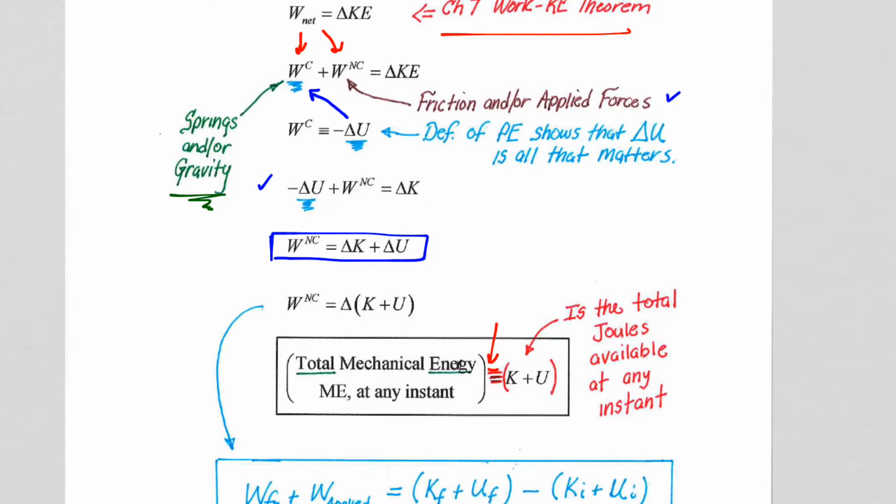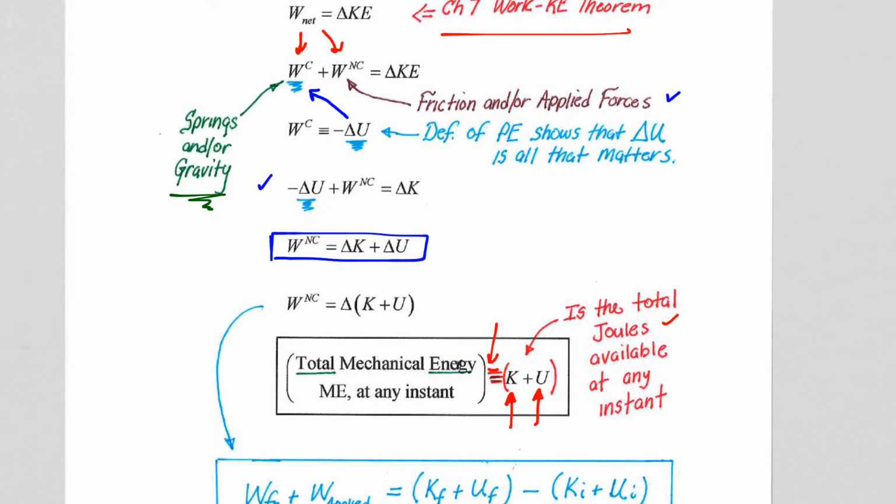It's mechanical energy, it's motion energy. If we know the kinetic energy of the object in joules, and we know the potential energy available to it in joules, when we add those two joule values together, we will get the total available energy at any instant in time, and that is called the total mechanical energy.